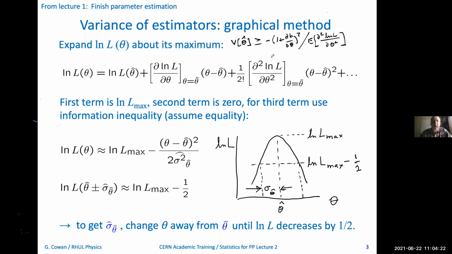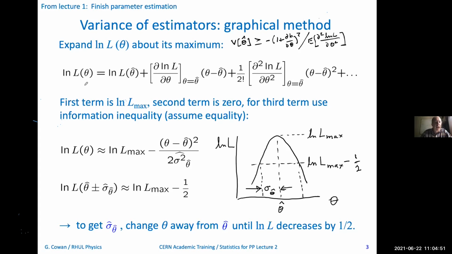And what I want to do now is to use that information inequality in the approximation where it is an equality in order to find a procedure for determining the standard deviation or variance of a maximum likelihood estimator in a graphical form. And the way we'll do that is to take the log likelihood function and expand it in a Taylor series about the maximum likelihood estimator.